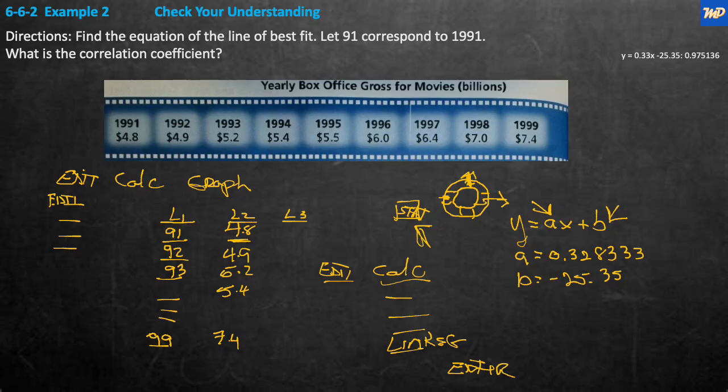And then it's going to say r squared, and we're not going to worry about r squared. And then it's going to say r, and r is your correlation coefficient.